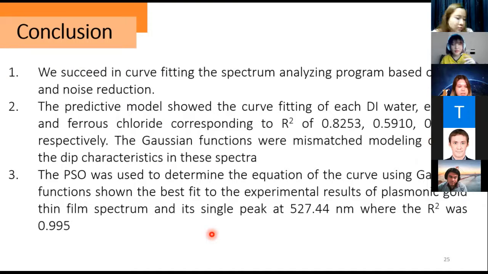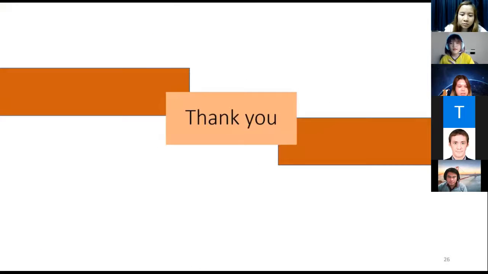And the last one, the PSO gives an R square of 0.995 at the single peak at 36.44 nanometers. Thank you for your attention.